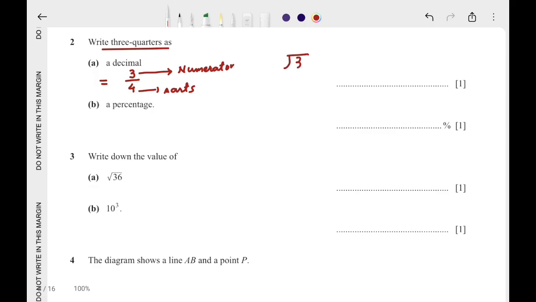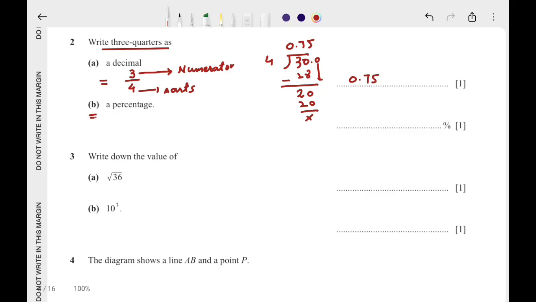So 3 divided by 4 means we'll put a decimal, as this value is smaller, 0 here. 4 sevens are 28, minus will subtract, it would be 2, will drop 1 0, 4 fives are 20. So 0.75 will be the answer.